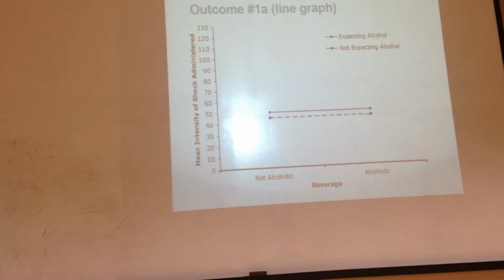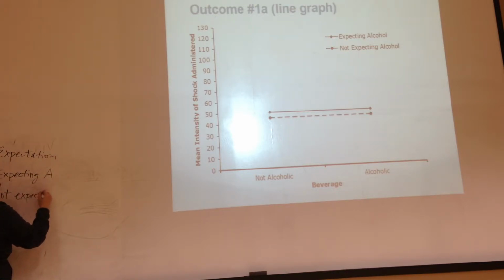They could not tell the difference between the two. The second variable is expectation, and people were either expecting alcohol or not expecting alcohol. They were either told they were getting alcohol or told they were not getting alcohol.